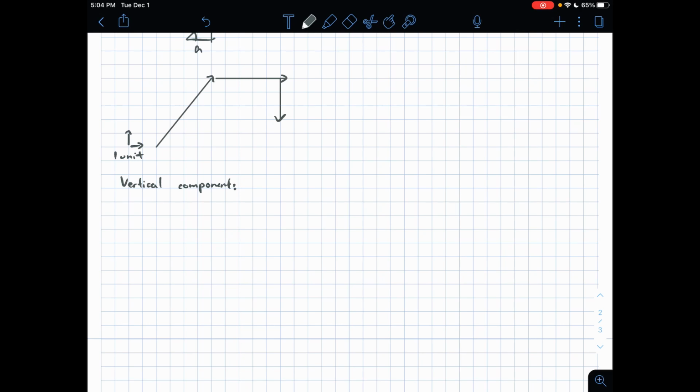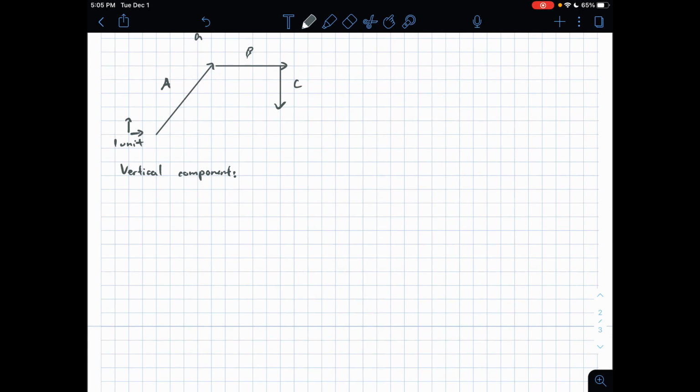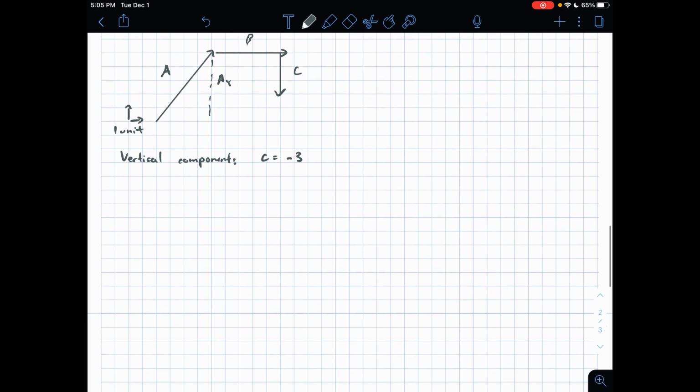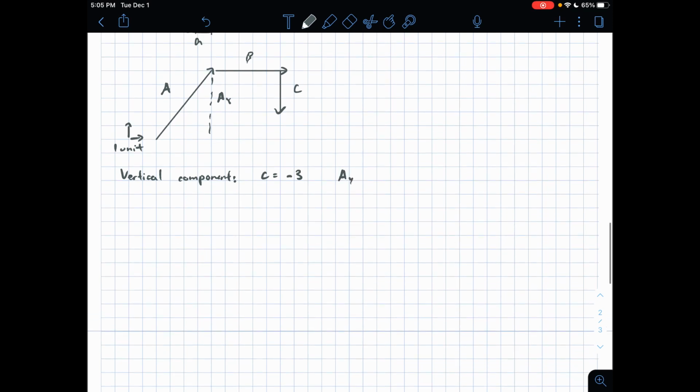Let's label these A, B, and C. The value of C is -3. The value of A, which we call AY, let's count 1, 2, 3, 4, 5, is equal to 5. And that's 5 up because you can see the arrow is heading upwards.